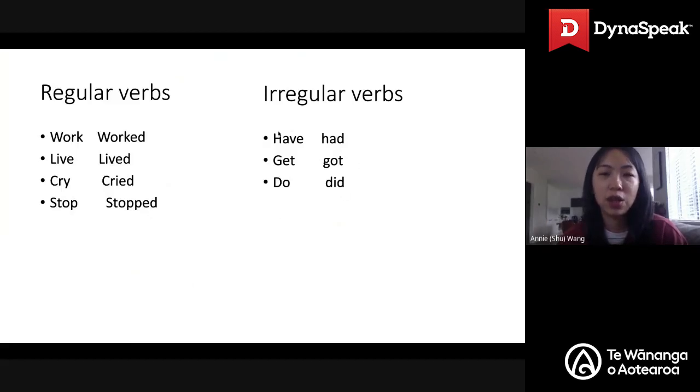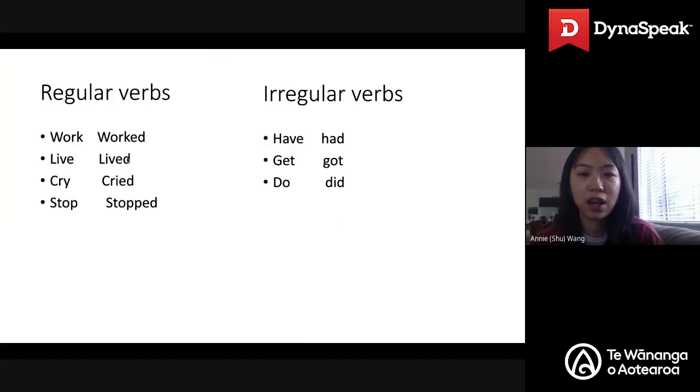And there are also some verbs that are irregular. So you don't just simply add d or ed. You need to change these verbs into a different form. Okay, for example, let's look at some common ones. Have, the past form is had.